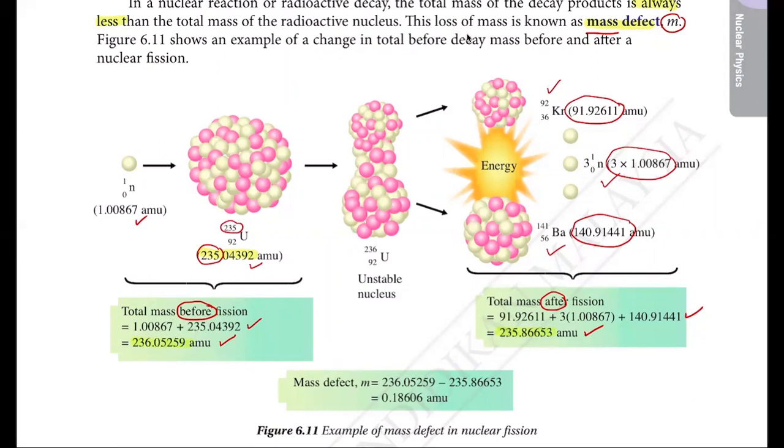There is a slight difference. That difference is what we call the mass defect. In BM, mass defect is known as cacat jisim.